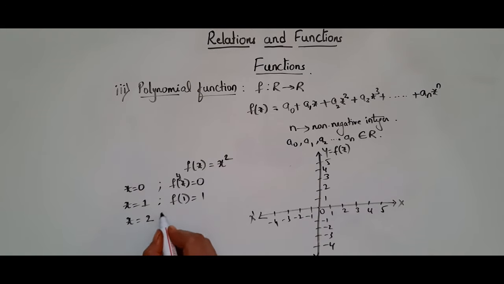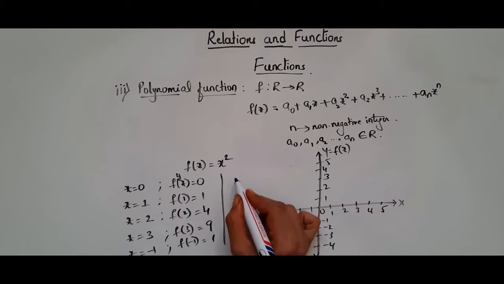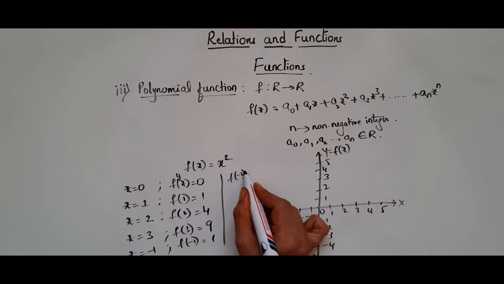When x is equal to 2, f of 2 is equal to 2 square, that is 4. So when x is equal to 3, f of 3 is equal to 3 3s are 9. When x is equal to minus 1, f of minus 1 is equal to minus 1 the whole square. Minus of minus is plus, so 1. Now let's see for x is equal to minus 2. So f of minus 2 is equal to minus of minus is plus, 2 square is 4.